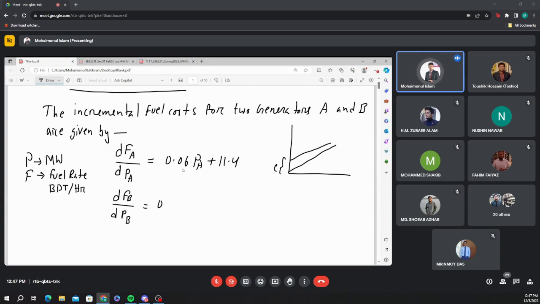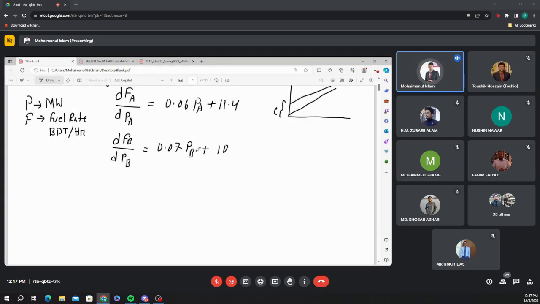The equation is something PB plus 10. That is our constant. According to our rate design, we have some constant cost, maintenance cost. All this cost summing up together provides you the cost of that generating plant.